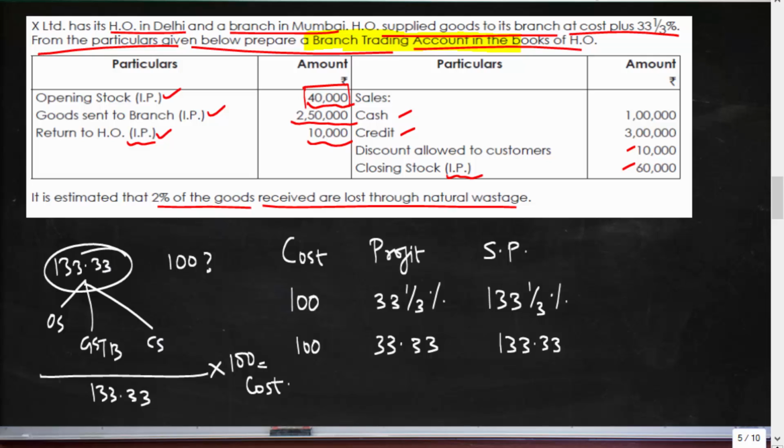Next we have the second item, goods sent to branch at invoice price, that is 2,50,000. Now immediately check whether there is any return. Yes, the return to head office at invoice price is 10,000. So what is the net goods sent to branch? 2,50,000 minus 10,000, it is 2,40,000.